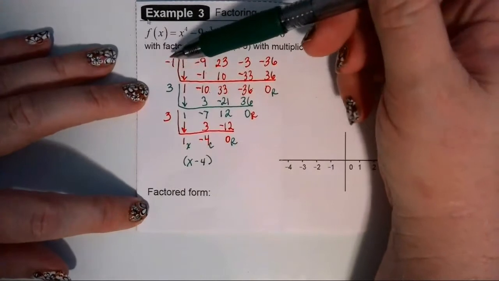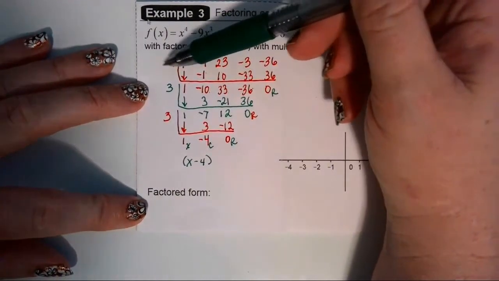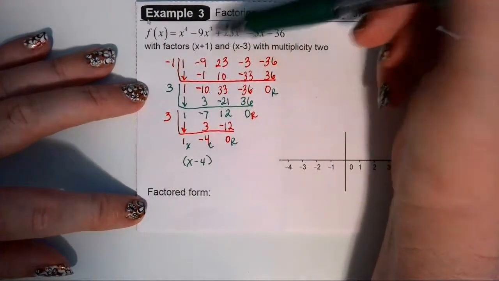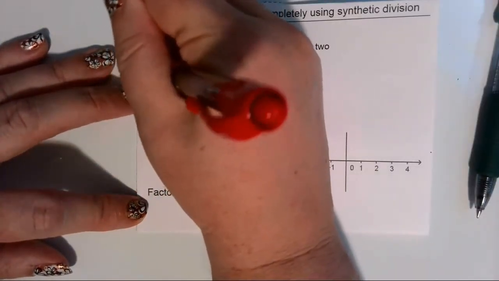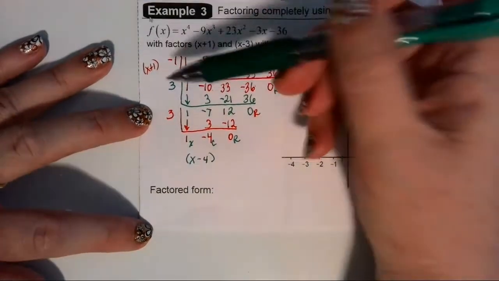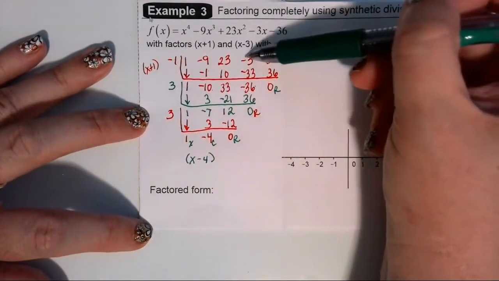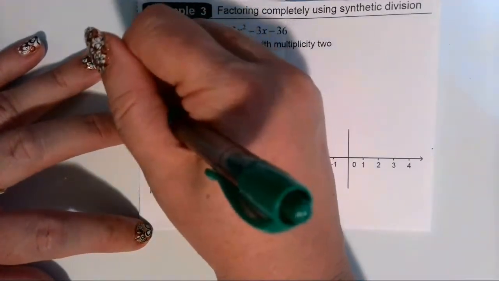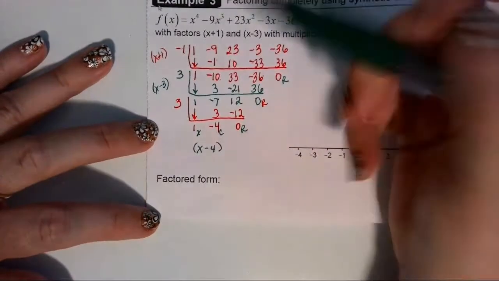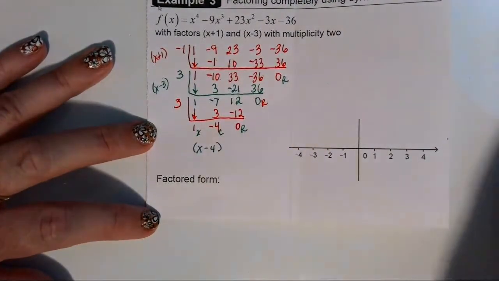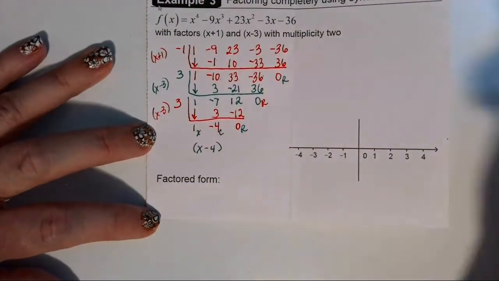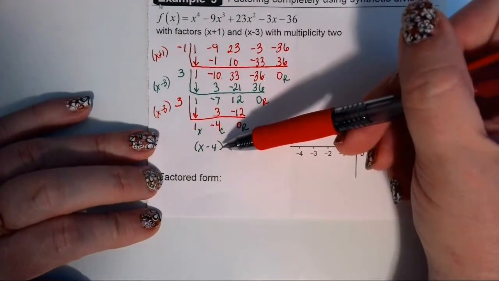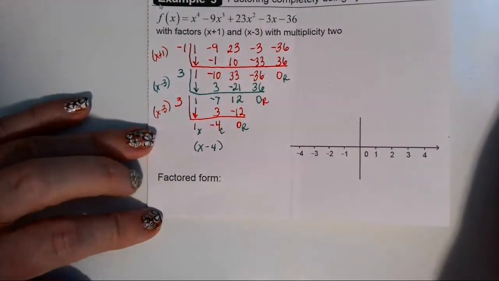This original divisor of -1, that came from the factor of x plus 1. And then this divisor of 3, that came from the factor of x minus 3. Right, this divisor of 3 also came from a factor of x minus 3 because it had multiplicity 2. And then my quotient is my final factor, x minus 4.